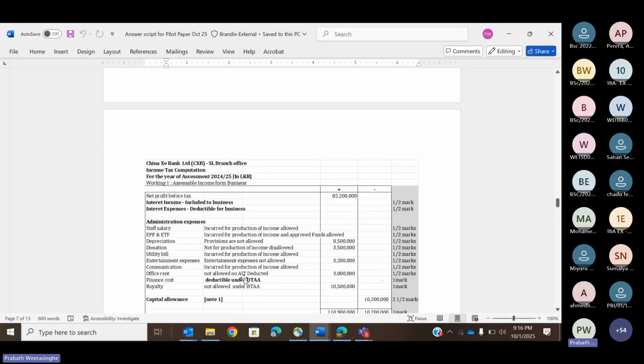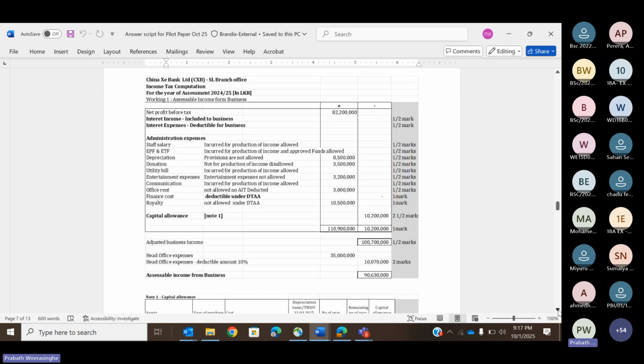Remember that other than a bank, expenditure connected to royalty, management fees, the interest from a loan provided by the head office is not deductible, but this is a bank, therefore it is deductible. But other royalty, management fees, special fees are not deductible unless it is an actual reimbursement expenditure.